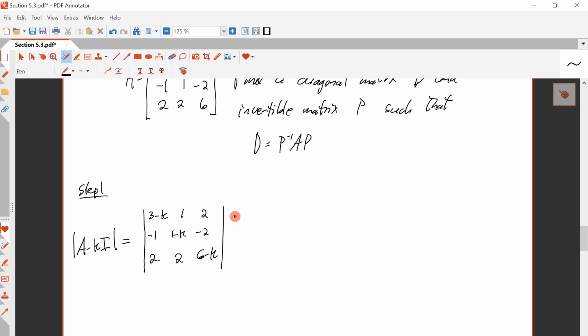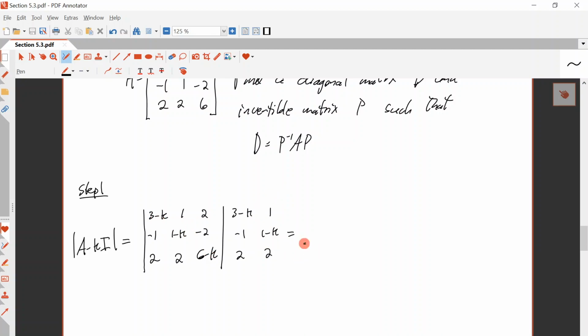Now you have to use a cofactor type expansion. For 3 by 3 matrices you can do this; you can't really do it too easily with row reductions. So here we go.